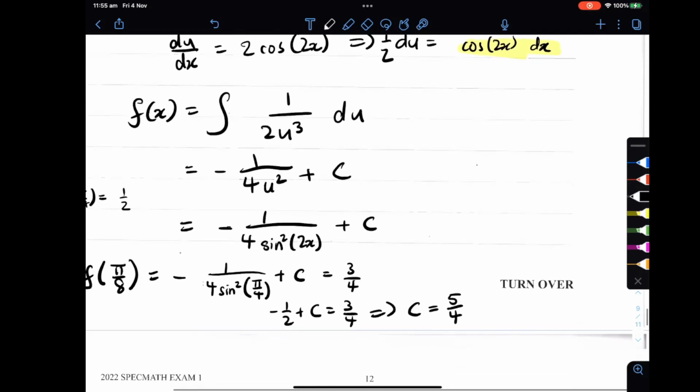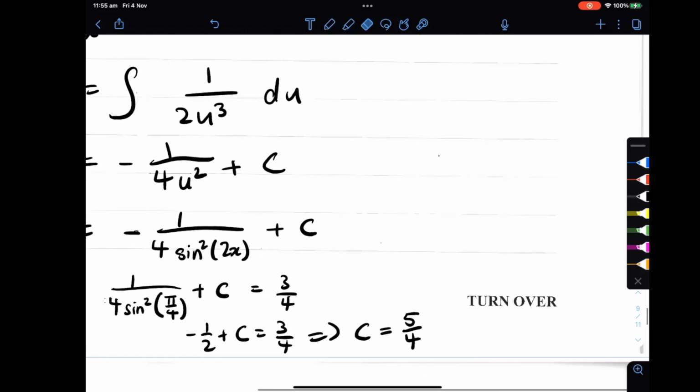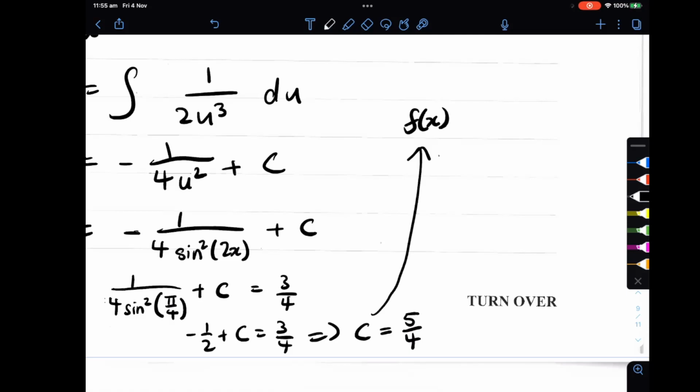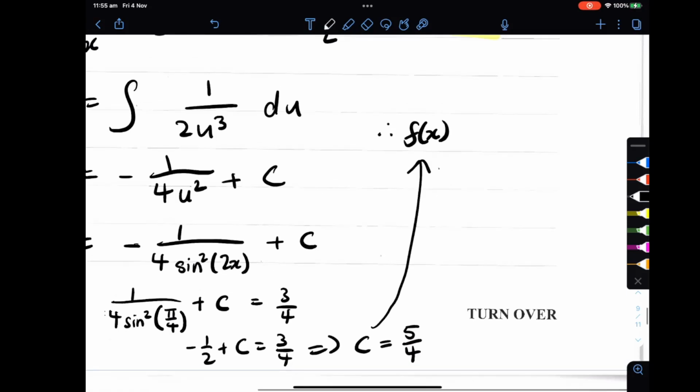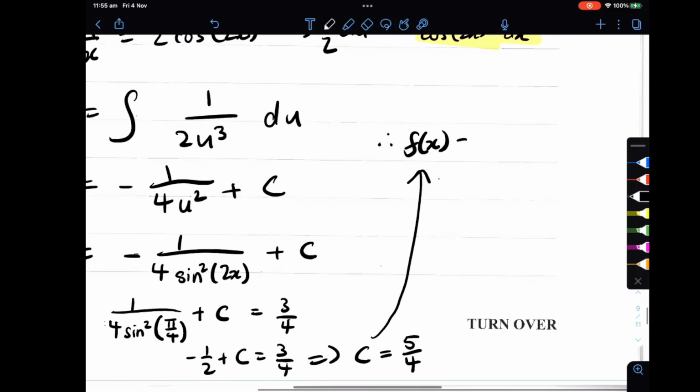And so therefore, what does that mean about the function? It means the function here is equal to negative 1 on 4 sine squared 2x plus 5 on 4.